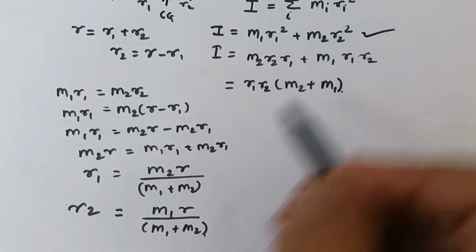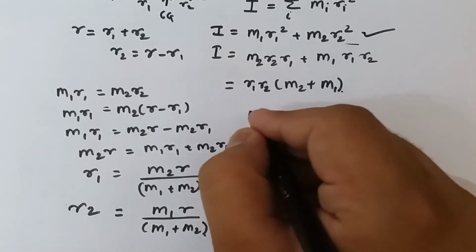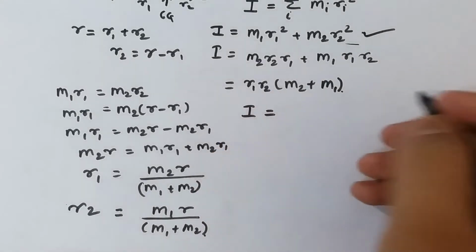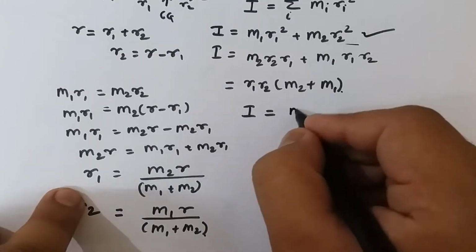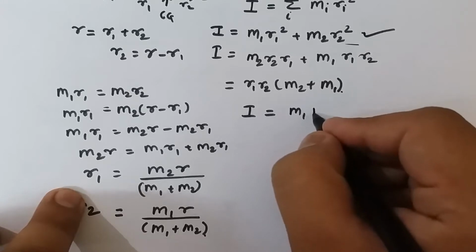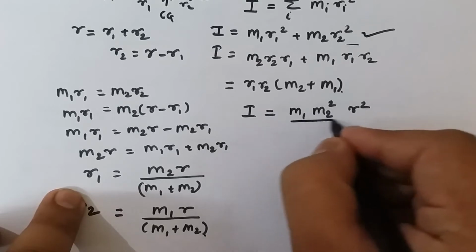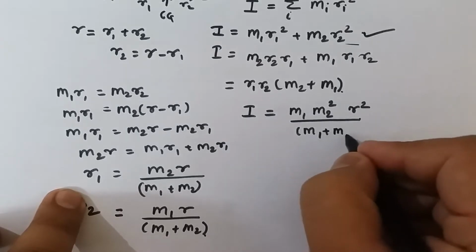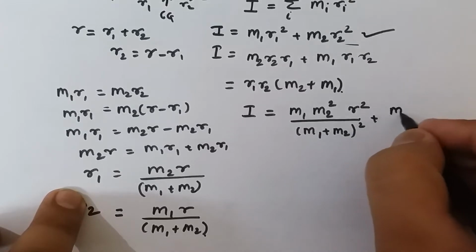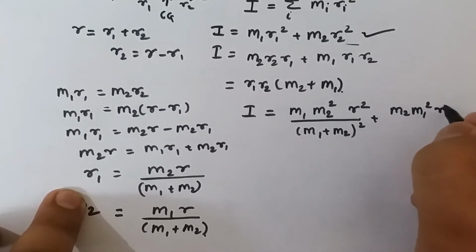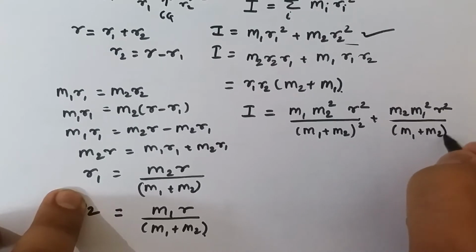So the value of I, that is the moment of inertia, will become: for r1 we have m1 remaining as such, m2 square r square upon m1 plus m2 whole square, plus m2 into m1 square r square upon m1 plus m2 whole square.